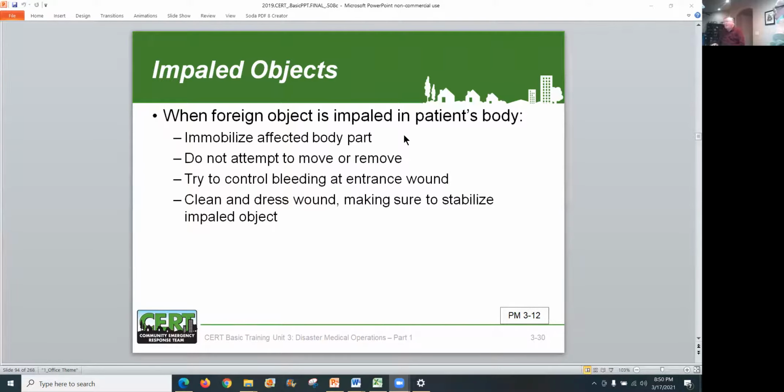Okay. Impaled things. I want to show you something, guys. I've got an example of something that's been impaled. Have you ever seen tornadoes putting straw into pieces of telephone poles? So I've got an item for keeping the impaled part away from the body.